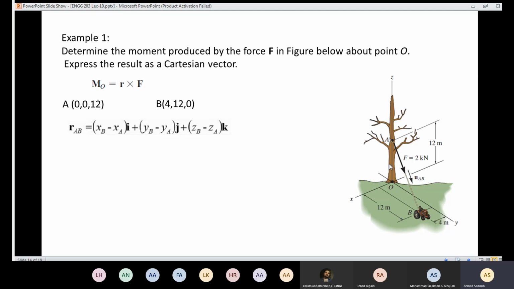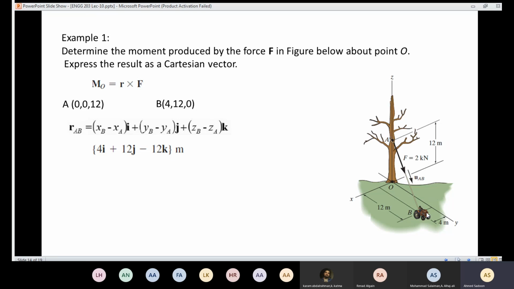Even if you don't see the arrow here, you know you are going to pull from that direction. So the direction of the force is going to be like that. If you calculate the position vector, you are going to find out that you are going to have 4, because 4 minus 0 is 4. And here 12 minus 0 is 12. And here you are going to get 0 minus 12, which is minus 12. So we're going to have 4i plus 12j minus 12k.